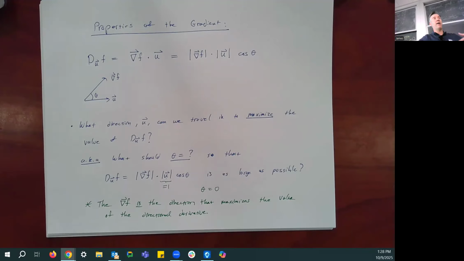Said another way, the gradient is the direction that crosses the contour lines perpendicularly, or crosses the contour lines as fast as possible. Because if you're crossing the contour lines as fast as possible, you are increasing your elevation as fast as possible. So I really want that to stay with you, that the gradient is the direction where we're increasing our elevation as quickly as possible. We're crossing the contours.